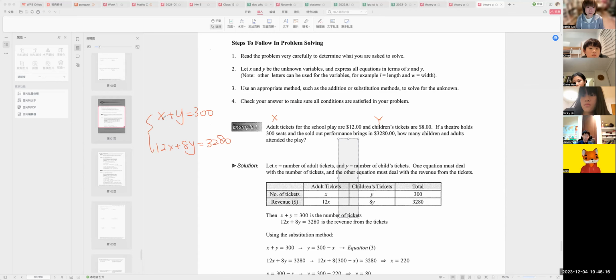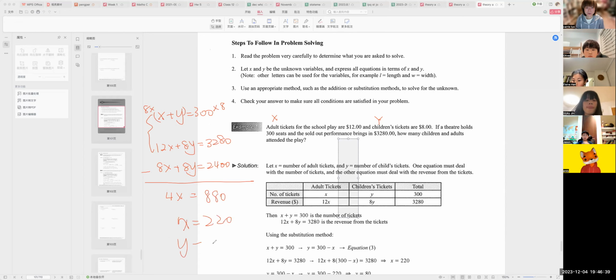I can just multiply both the left side and right side by 8, so we have 8x plus 8y equals 2,400. Then you subtract: 12x minus 8x equals 4x, 8y minus 8y equals no y, and 3,280 minus 2,400 equals 880. So x equals 220, so y equals 80. Get it, boys and girls?